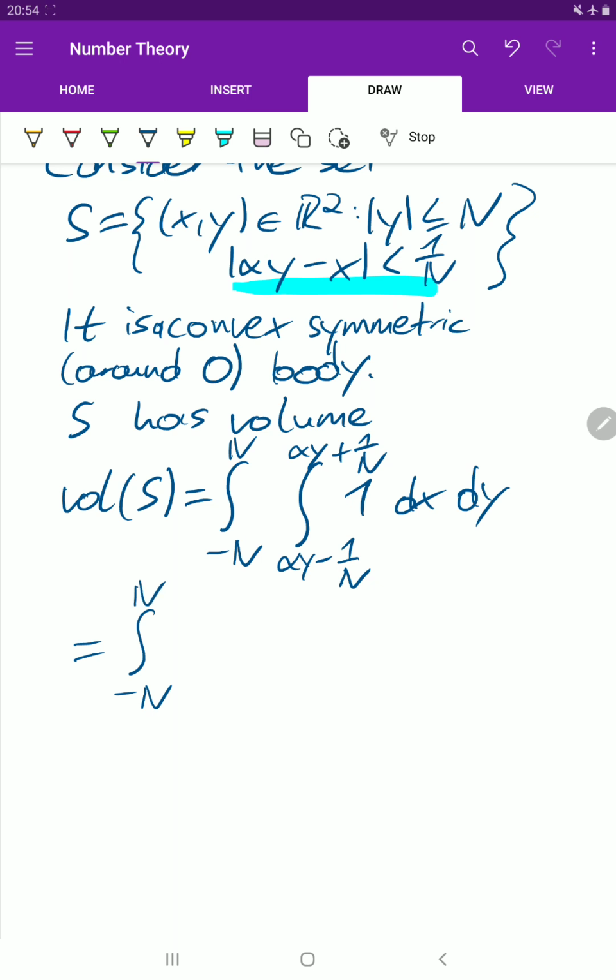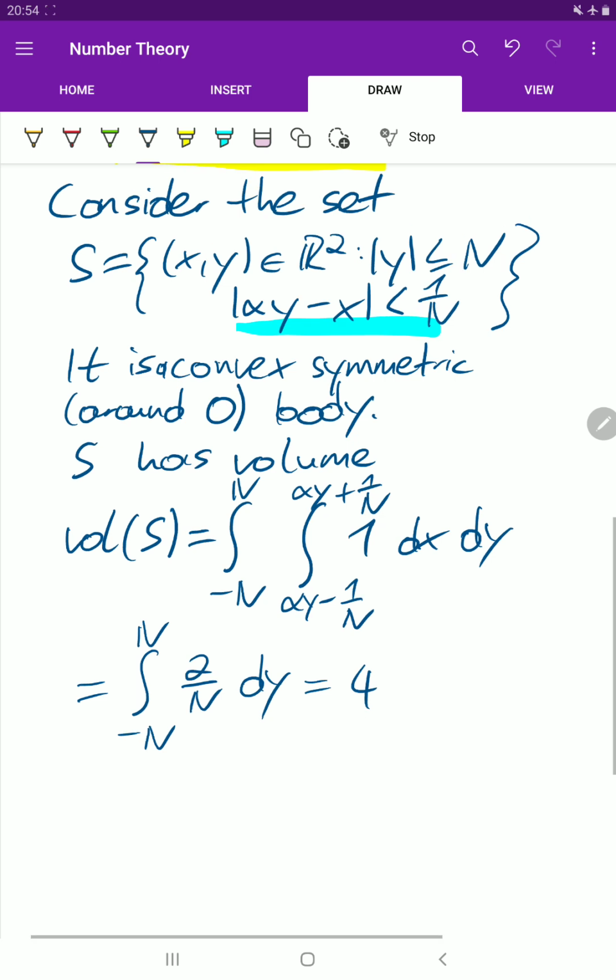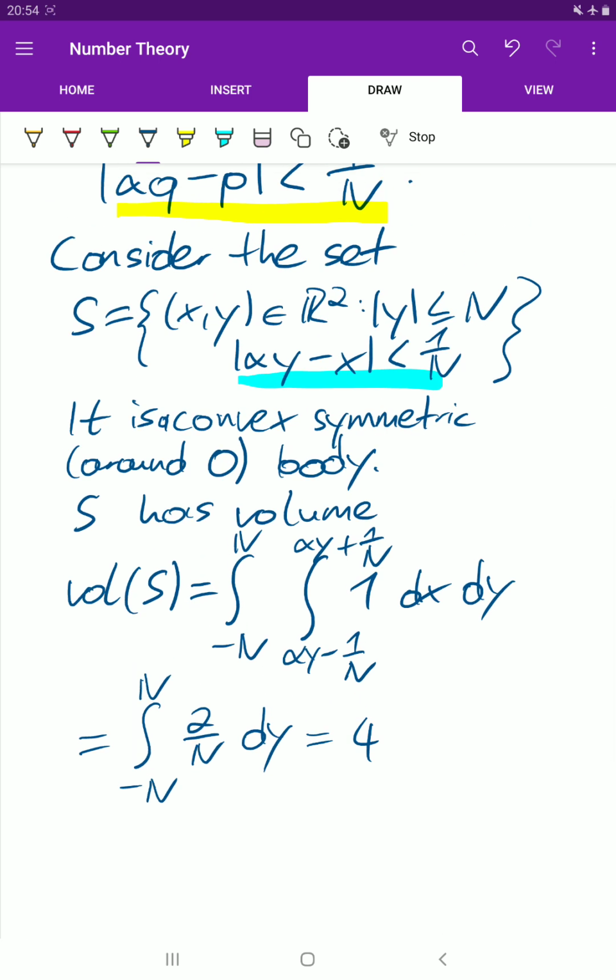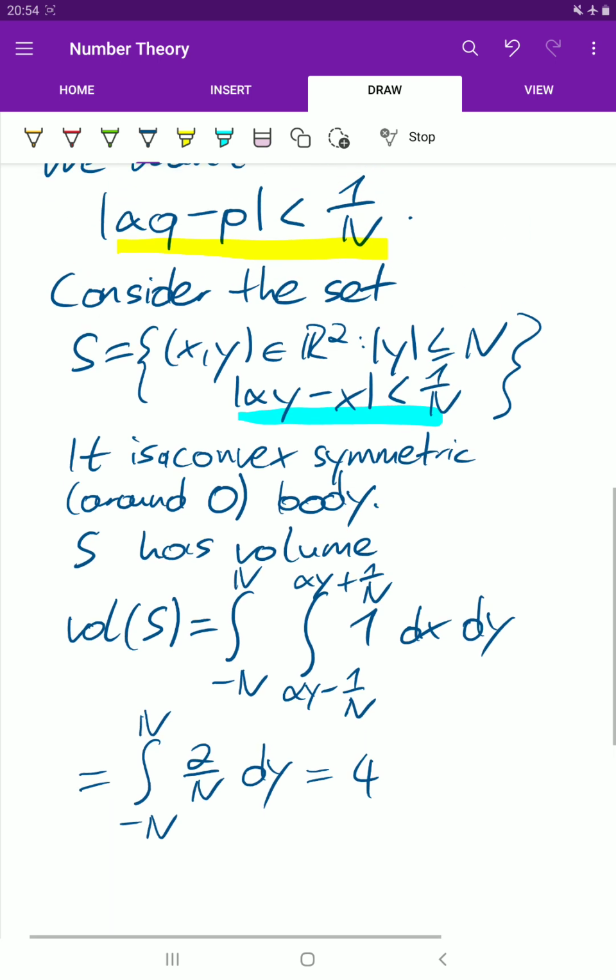So the inner one we just have a length of 2 over n, and then we get a dy, and now this one has length 2n, so we get overall a 4.